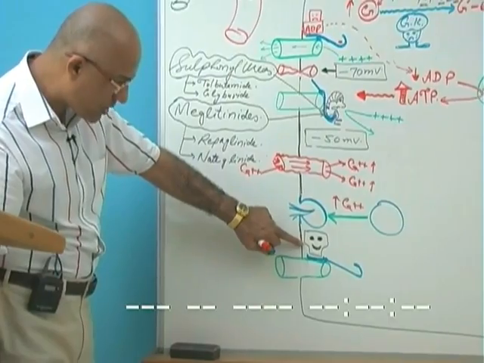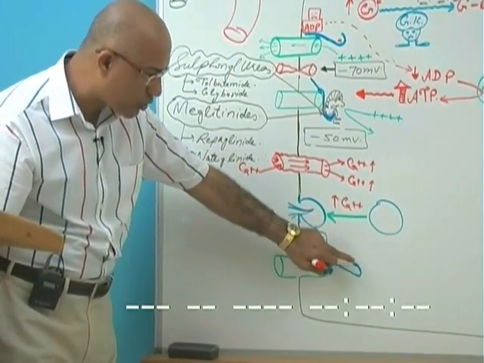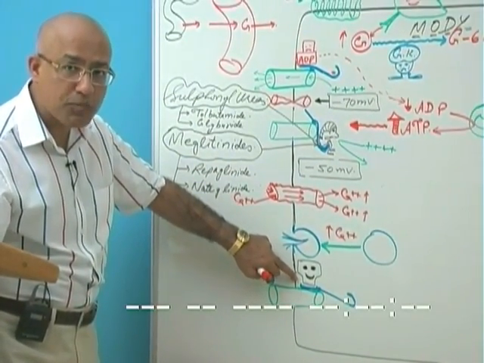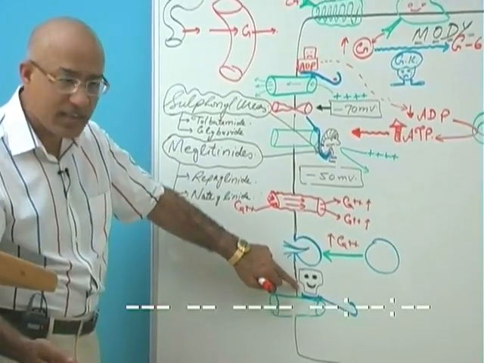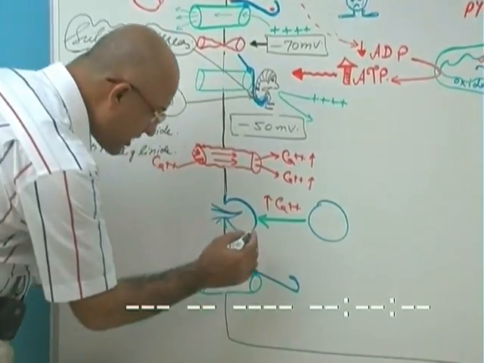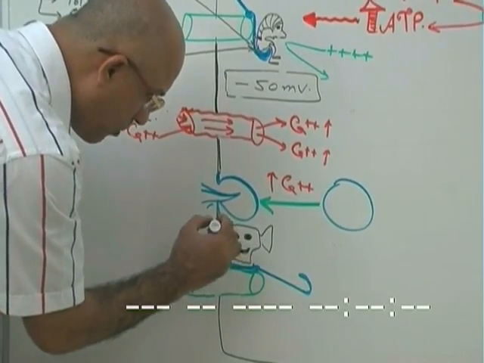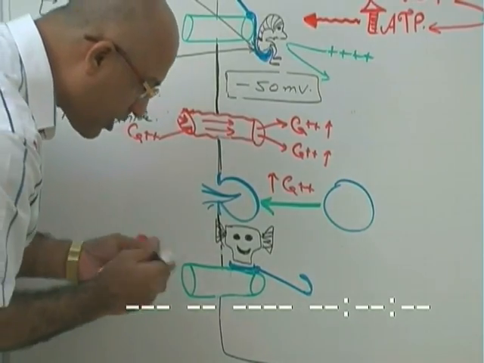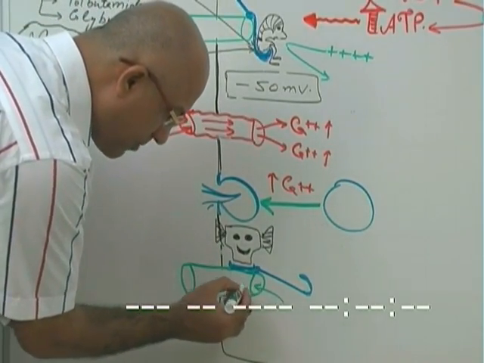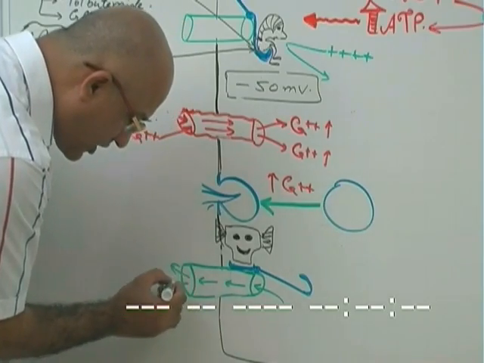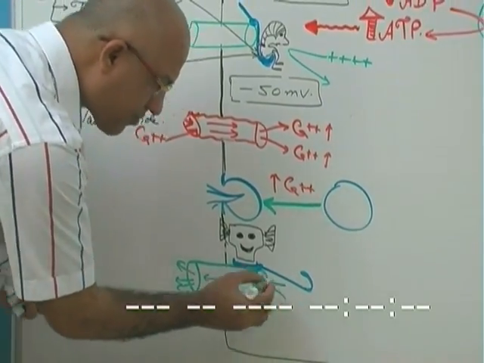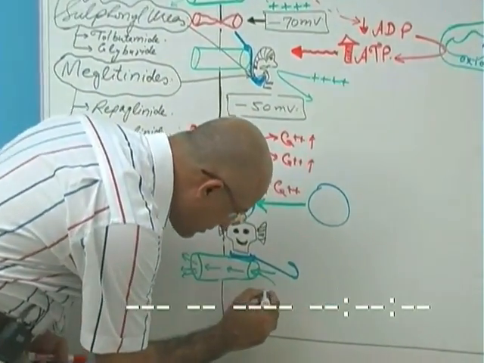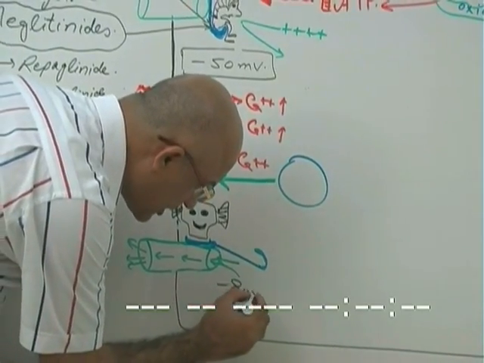It is not binding here to close the channel, it is binding at a different point and keeping the channel excessively open. That leads to excessive loss of potassium, which keeps the membrane very negative. The membrane becomes extremely negative, not minus 70, maybe minus 80 millivolts or more.